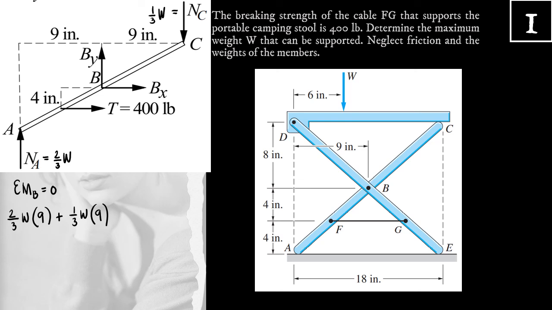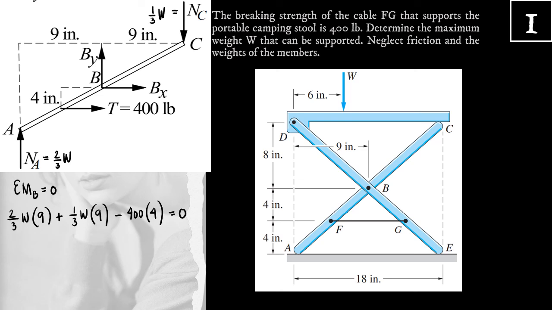And lastly, the tensile force tends to rotate counterclockwise about point B with a moment arm of 4 inches. So that is negative P, or 400 pounds, times 4. And this is equal to 0.